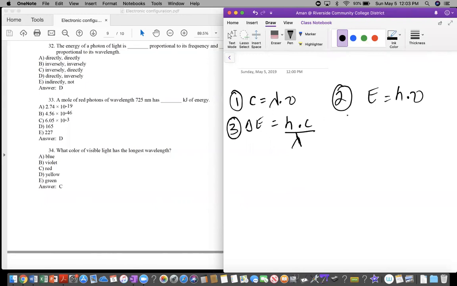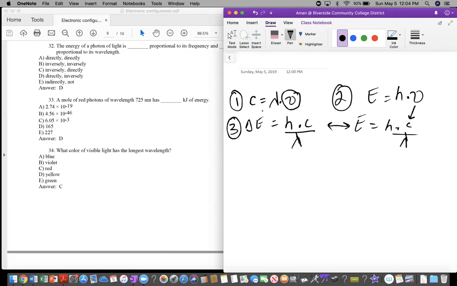E is equal to h times frequency. From here, can you isolate frequency? Frequency equals c divided by lambda. So frequency is equal to c over lambda, and I changed that frequency to c over lambda. So E is equal to hc over lambda, and this and this formula are the same.